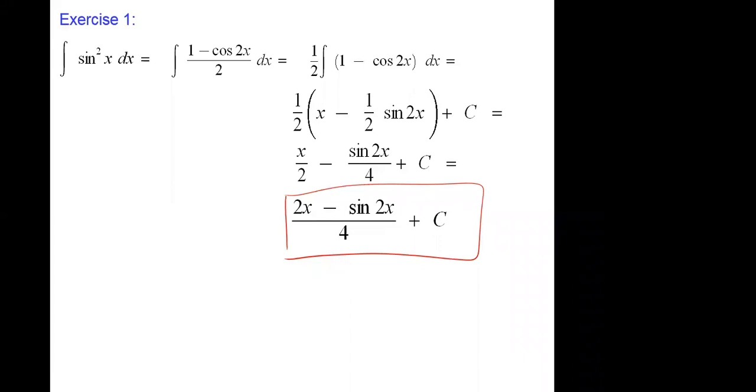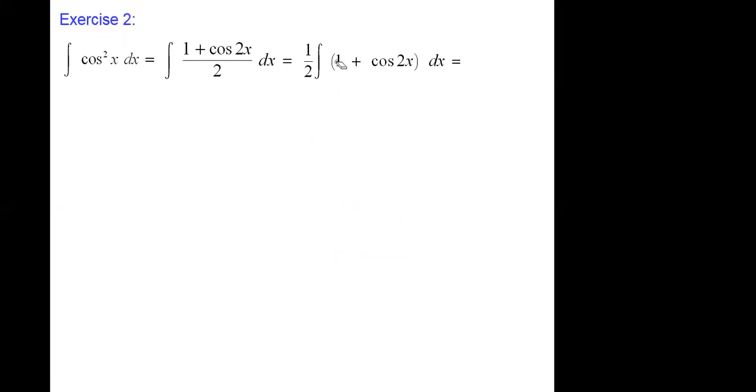Okay, now my next exercise is just cosine square of x dx. The same thing. Rewrite this using the half-angle formula. I just put a constant outside because we don't have to integrate a constant.